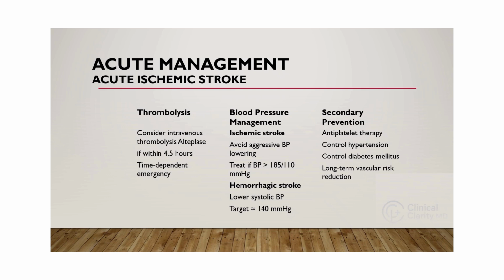Elevated blood pressure may contribute to hematoma expansion, so systolic blood pressure is usually lowered more acutely, often targeting around 140 mm mercury of systolic blood pressure. Finally, long-term secondary prevention is essential. This includes antiplatelet therapy for ischemic stroke, along with aggressive control of hypertension, diabetes mellitus, and other vascular risk factors to reduce the risk of recurrent stroke.